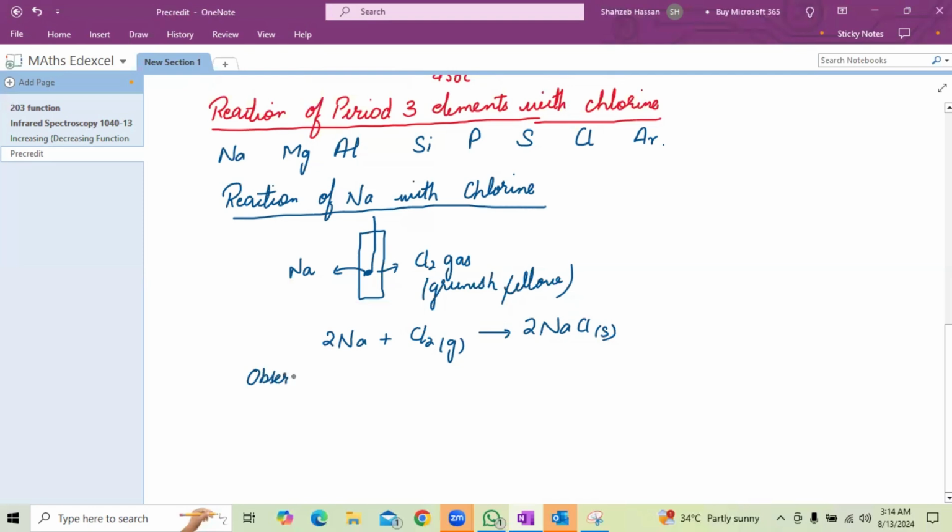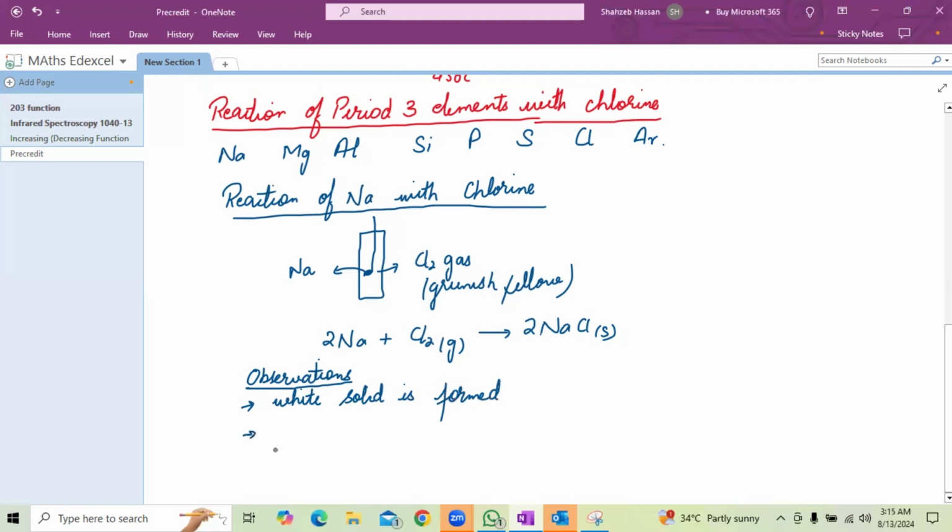Okay. So what are the observations? Let's discuss the observations. The first observation is that NaCl is a white solid, so a white solid is going to form. Okay.